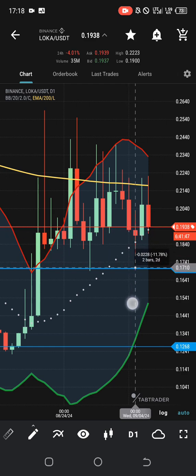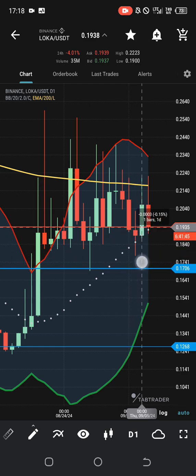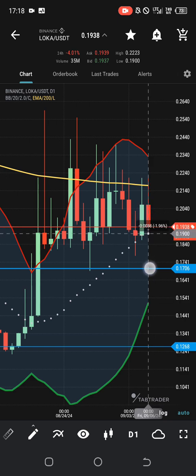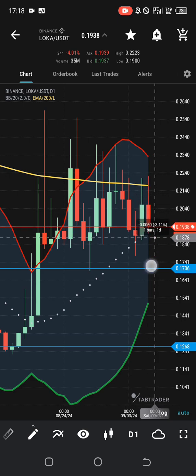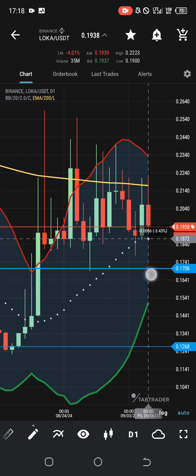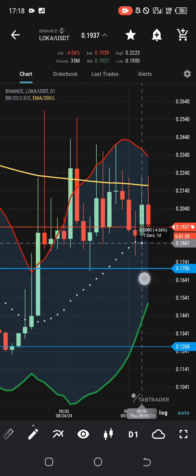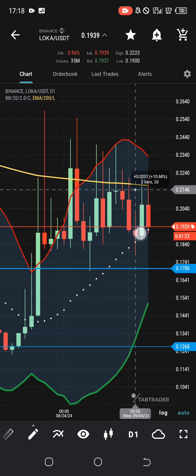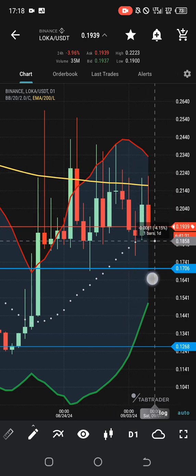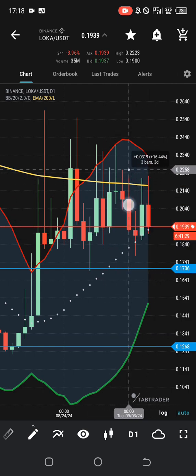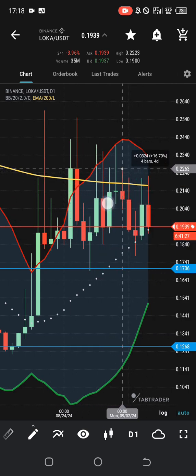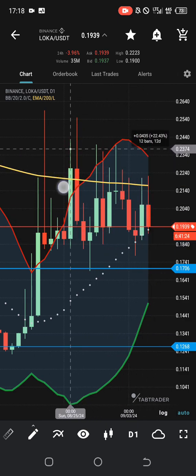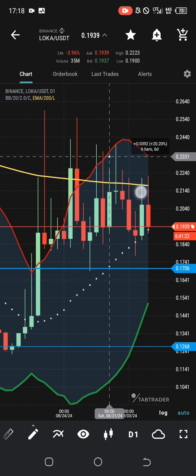Okay, so let's go. So as you can see, this previous candle here is today's candle. The red candle here is today's candle. It has bounced off from the moving average, the yellow moving average here. So it really has been rejecting on this line. So that zone is a very strong support zone.